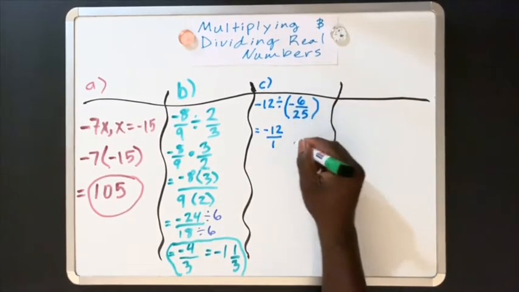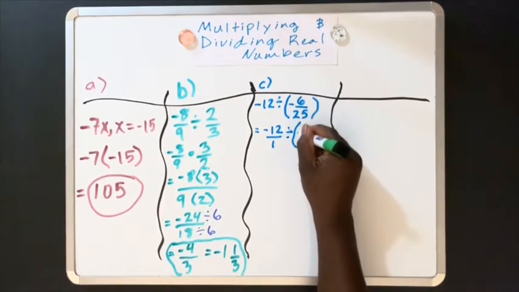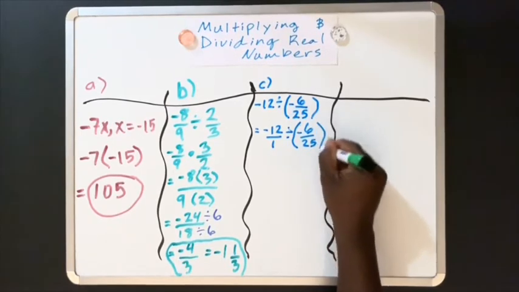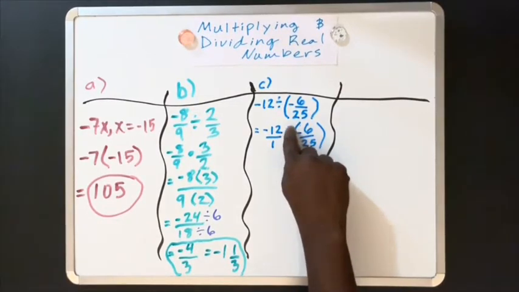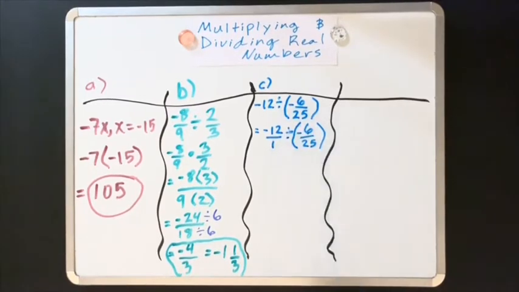And then I'm going to bring this down, divided by negative 6 over 25. Now you ask yourself, okay, now what do I do next?